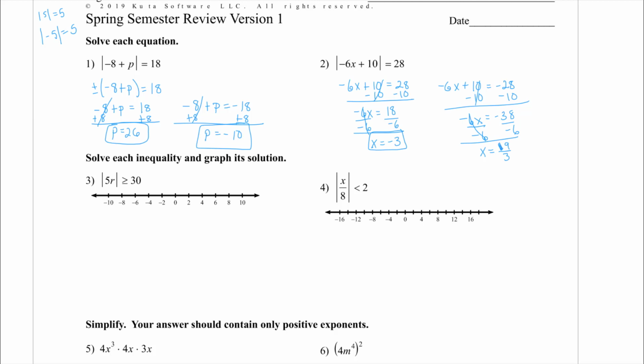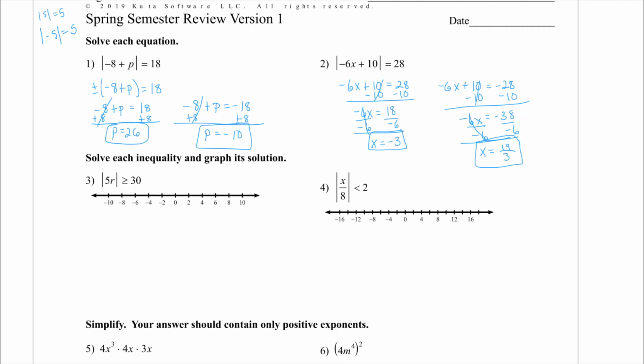You can change that to a mixed number if you want to, although I would assume most Algebra 1 teachers are okay with leaving it as is. So 19/3 and -3 are our answers on number 2.